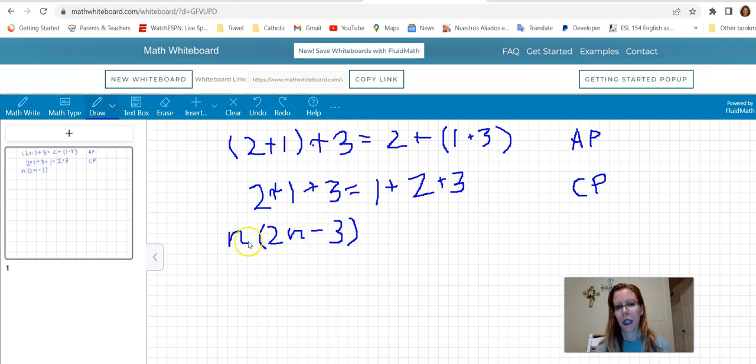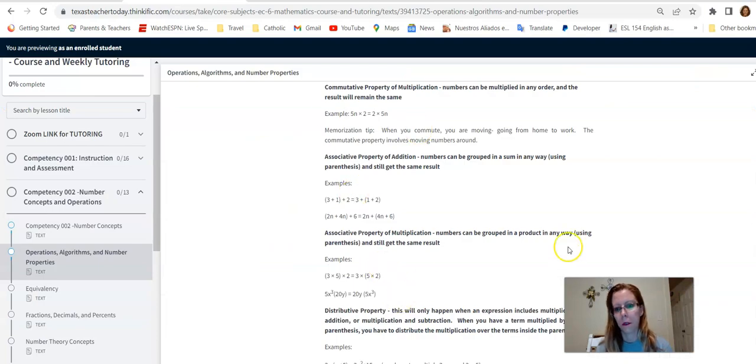So we're going to take n times 2n, which would be 2n squared, and again, this is the distributive property. Then we have a minus sign here, so we keep that minus sign. We do n times 3, which is 3n. So when we distribute n times 2n minus 3, we get 2n squared minus 3n. So that's the distributive property.